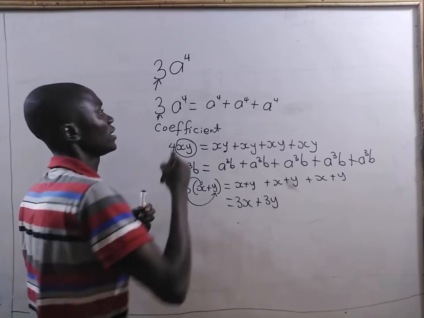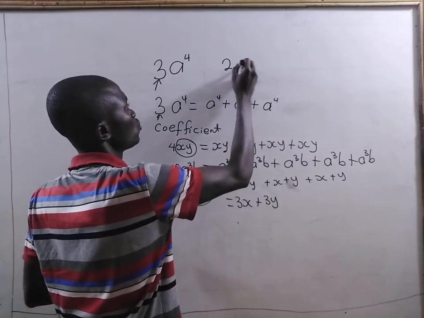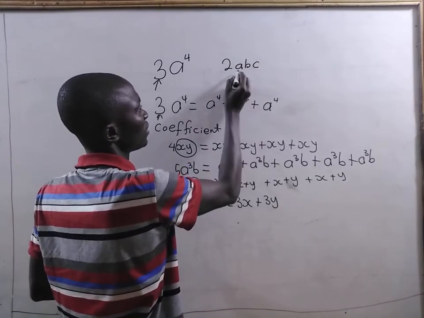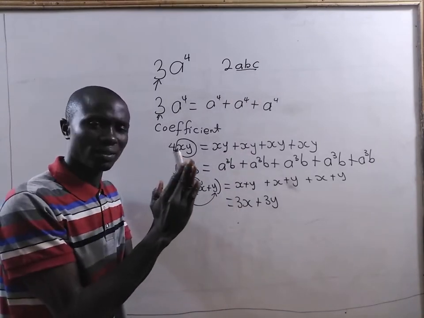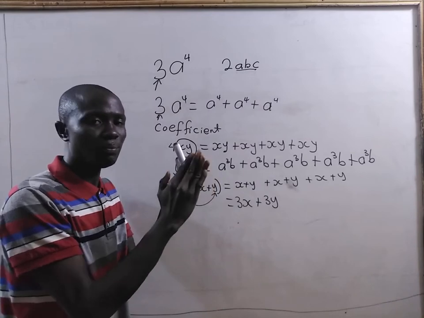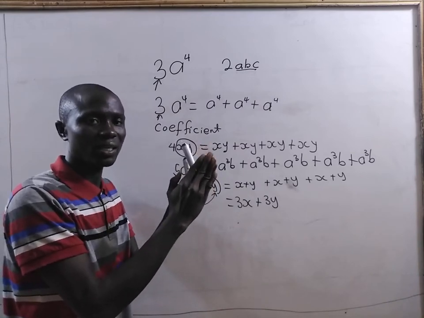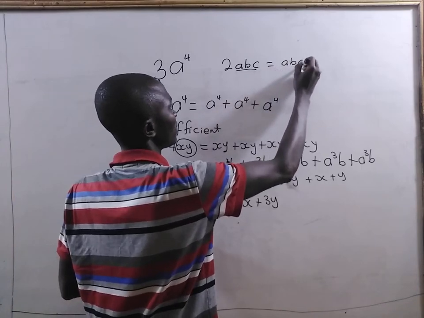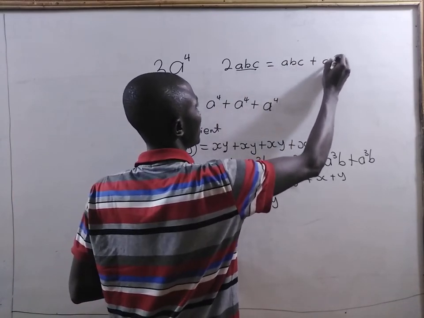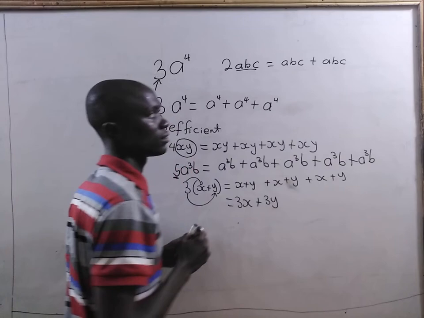So if I have, let's say, 2abc, this abc becomes one thing, abc is one thing stuck together. So here it means that I have abc adding another abc.